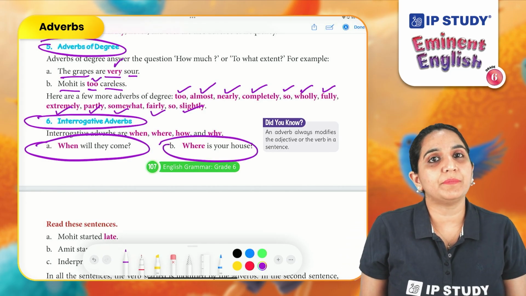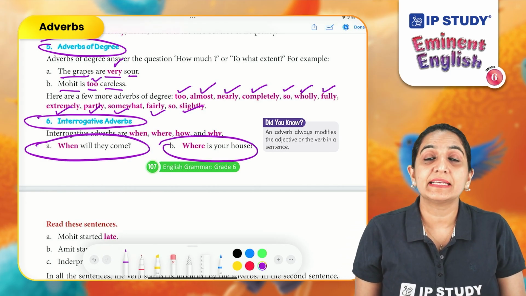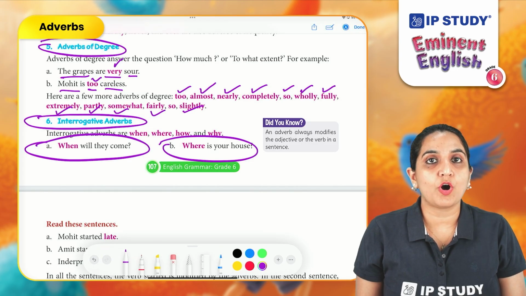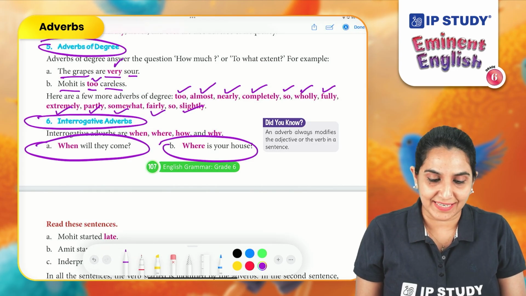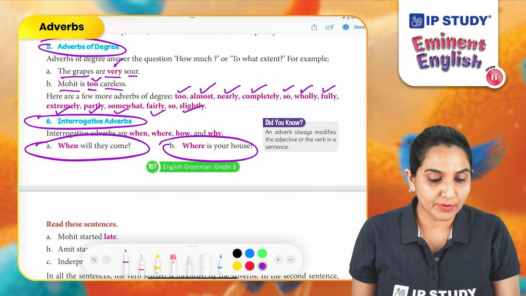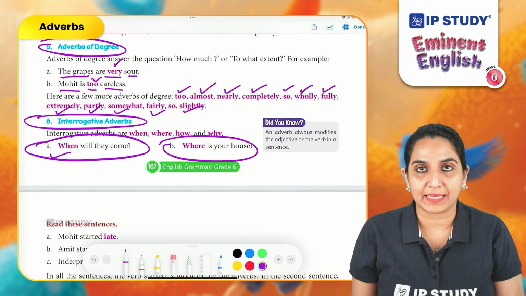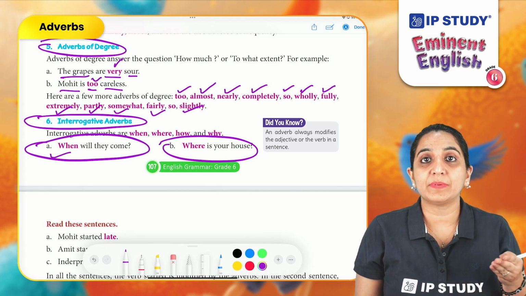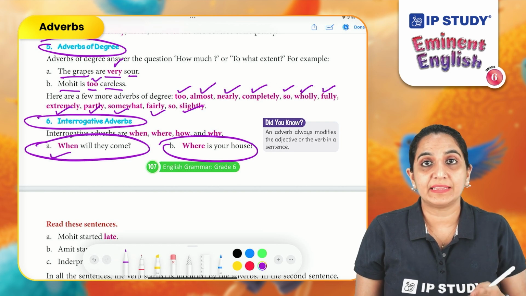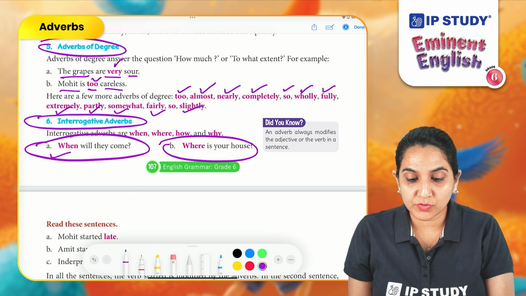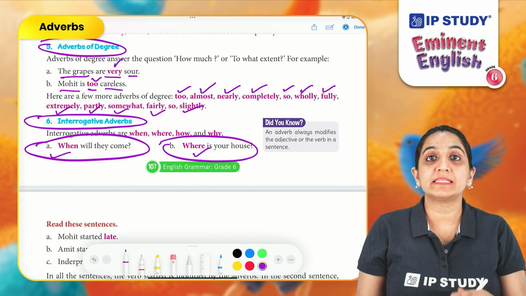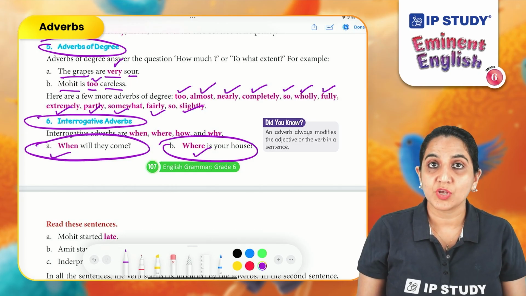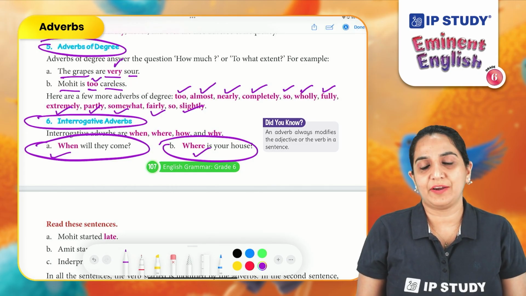So always remember, an adverb modifies a verb, an adjective, or another adverb in a sentence. So here in interrogative adverbs, it is asking. It is not modifying directly when something is happening, but it is asking a question. When will they come? Here also it is not modifying anything, but it is asking where is your house. So these are called interrogative adverbs.